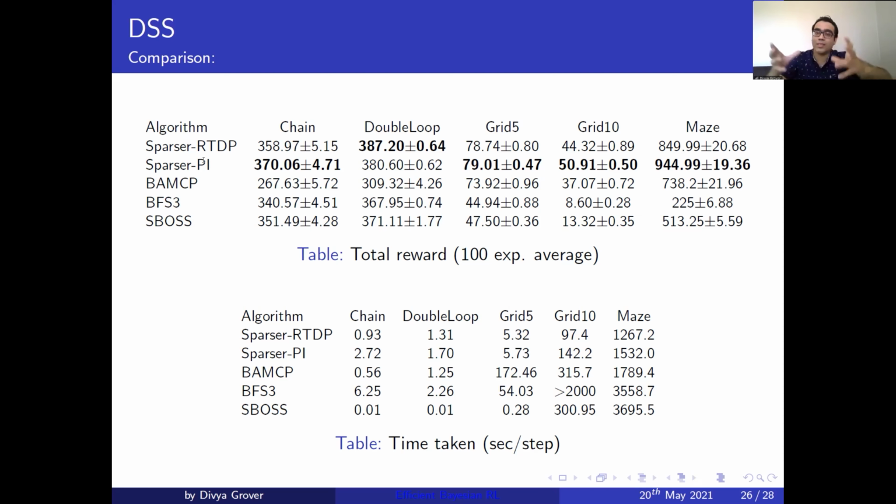You can have a policy coming from a parametric space, a continuous policy, like a Gaussian, and then instead of doing policy iteration or RTDP, you can do policy gradient, get that policy, and build the same tree. Okay. Yeah. All right. Thank you.